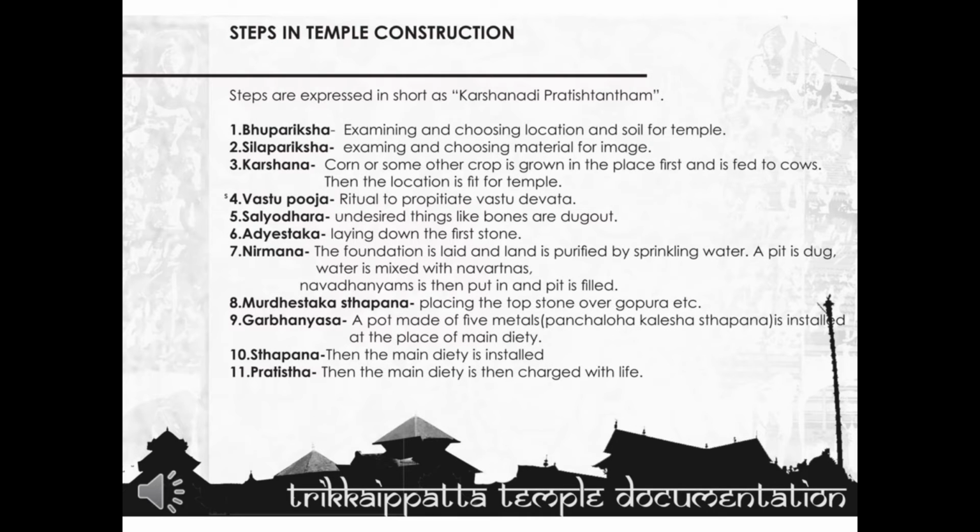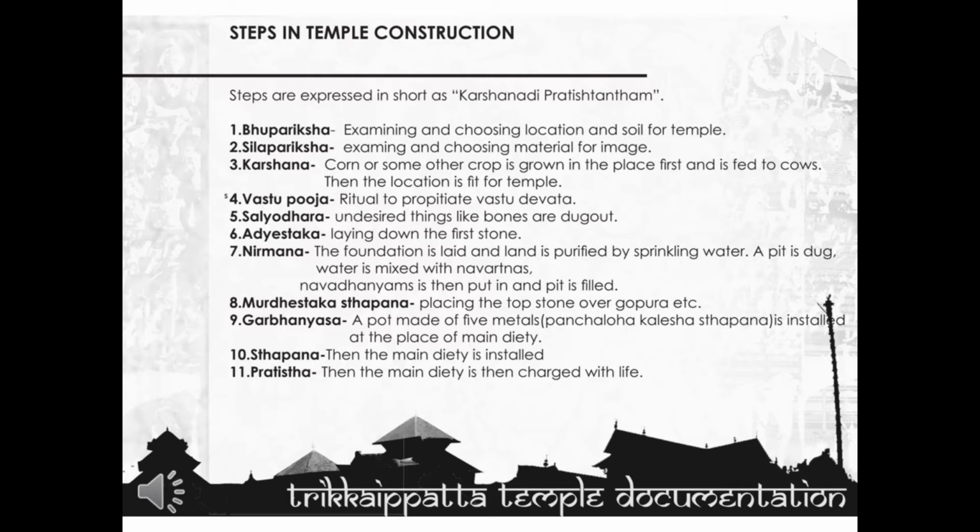Steps involved in temple construction. Steps are expressed in short as Karshanadi Pratishthantam and basically there are 11 steps, from Bhu Pariksha, which means examining and choosing the location and soil for the temple, Shila Pariksha, examining and choosing material for the image, Karshana, where corn or some other crop is grown in the place first and is fed to cows.